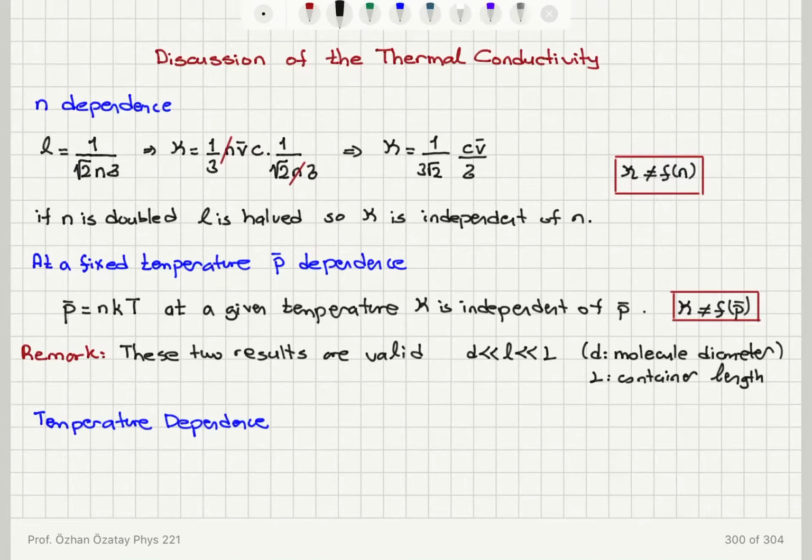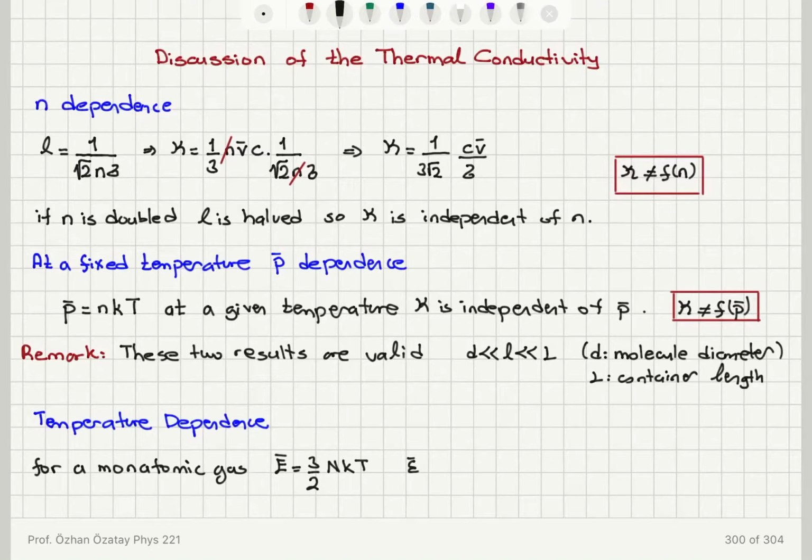For that, I would like to look at a monatomic gas in order to get a value for heat capacity per molecule. For a monatomic gas, we had the mean total energy equal to 3 over 2 capital N kT, the number of molecules times Boltzmann constant times temperature.